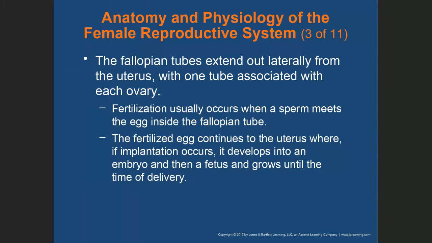Fertilization usually occurs when a sperm meets the egg inside the fallopian tube. The fertilized egg continues to the uterus, where, if implantation occurs, it develops into an embryo and then a fetus and grows until the time of delivery.